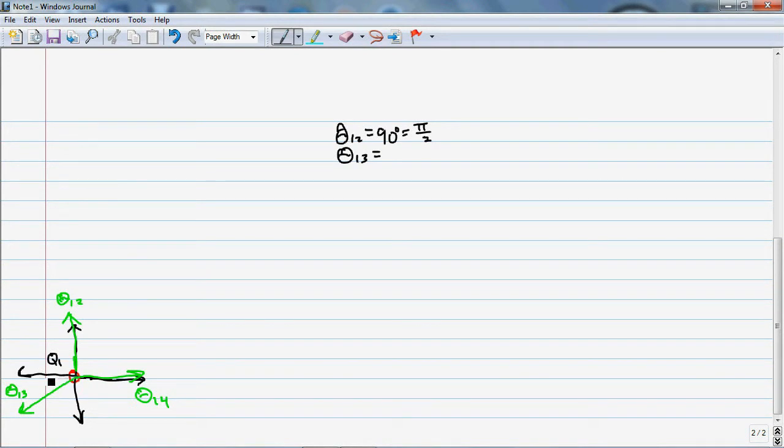Then I'm going to start with the positive x-axis here and go 180 degrees plus 45. So that's going to be 225 degrees, or 5 pi over 4.